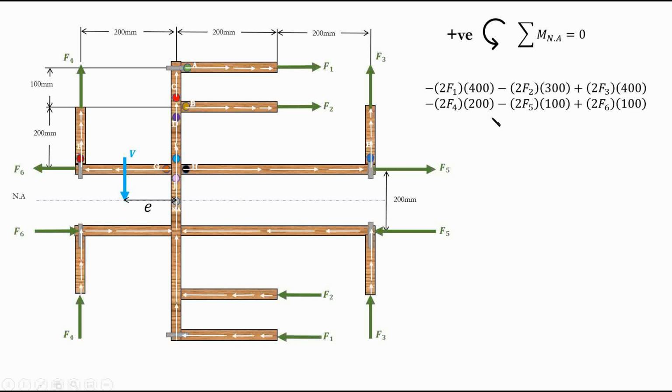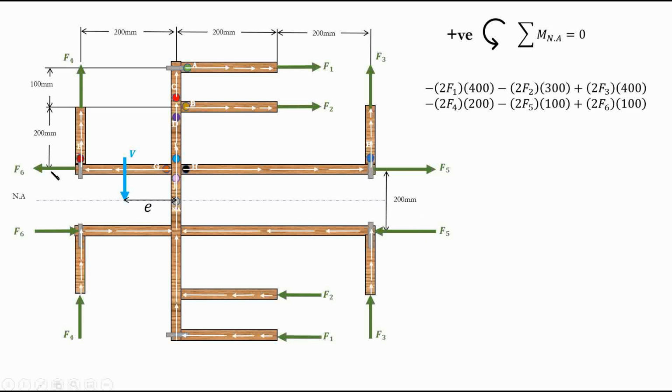It's negative F5 times 100, which is the distance from this point. Again, we're calculating all of the moments from the forces about this point, force multiplied by distance. So F5 multiplied by 100 plus F5 multiplied by 100.